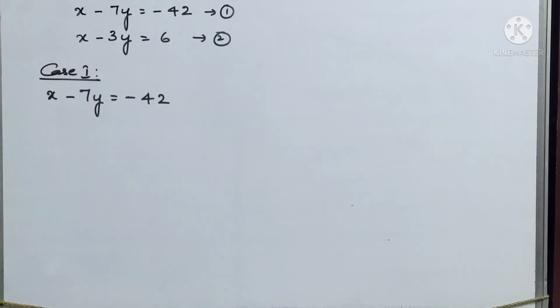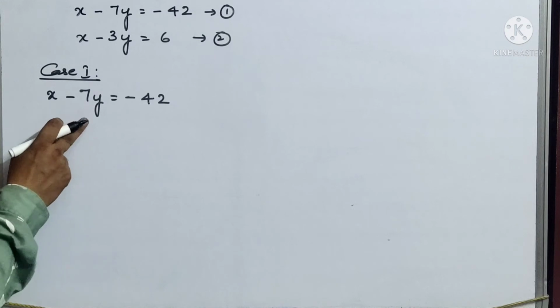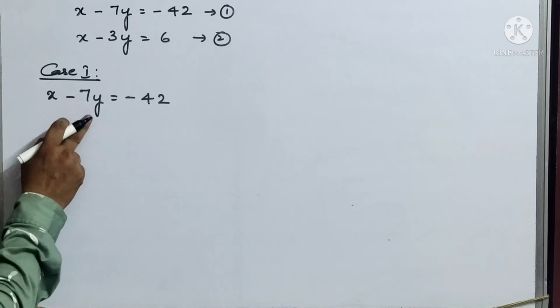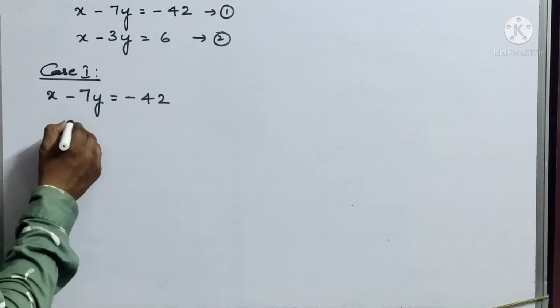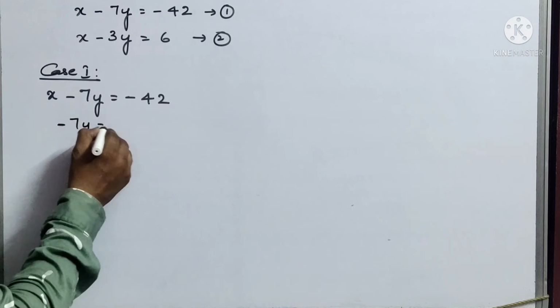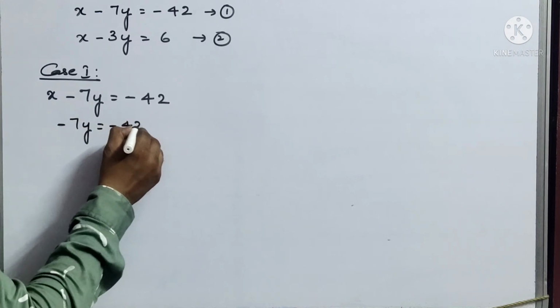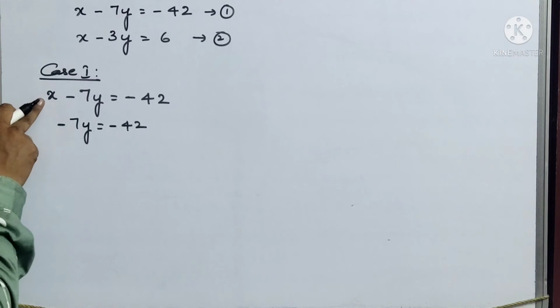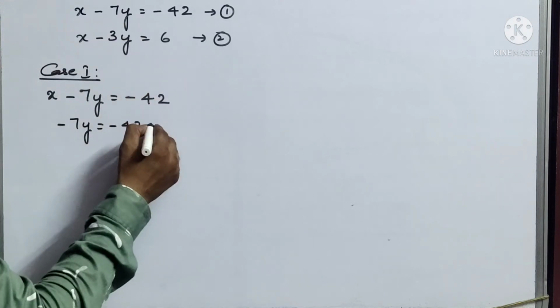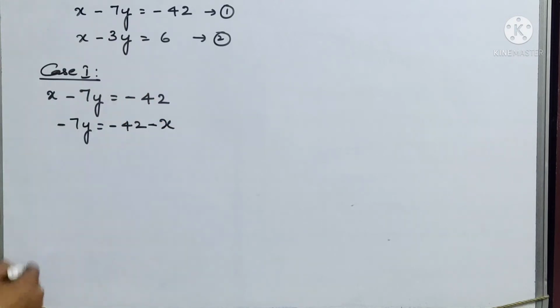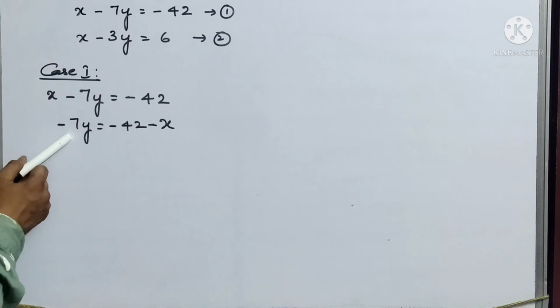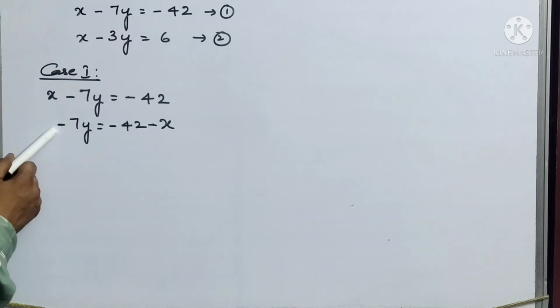As you learned in the earlier class, that is 9th standard, first you used to find y. So first find y value. That means minus 7y equals to minus 42. Here plus x will go that side, means minus x. But here whatever the wanted variable should be always positive. So here y it's looking minus.